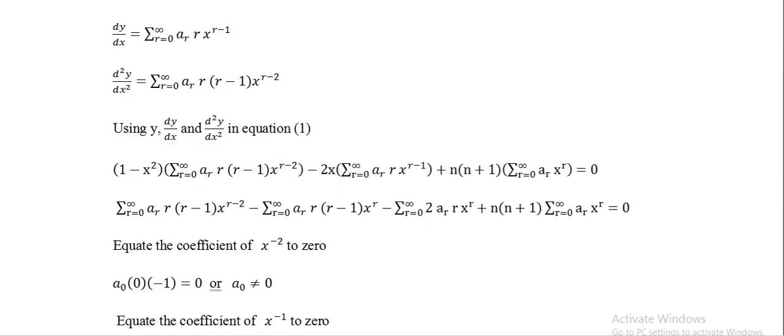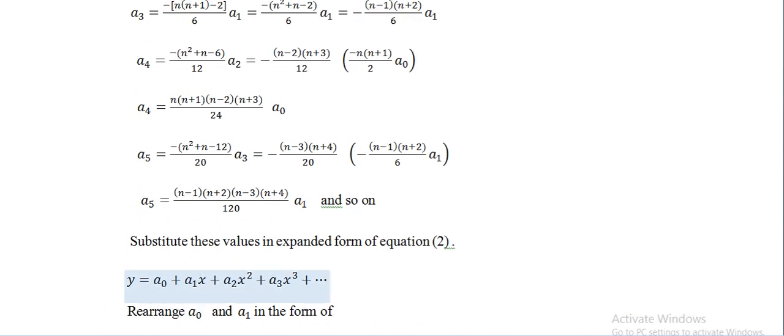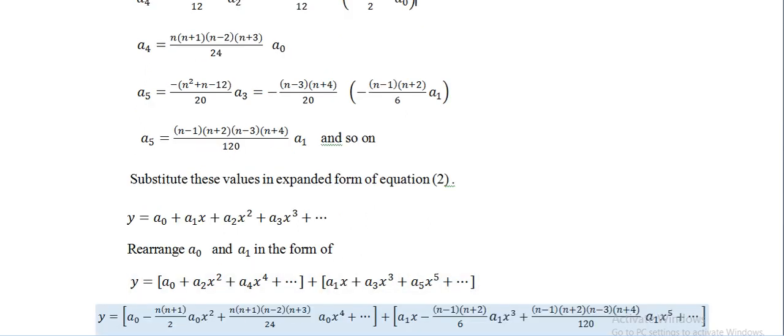So it becomes y equals a0 plus a1x plus a2x² plus a3x³ and so on. And we have to rearrange it in this form: a0 plus a2x² plus a4x⁴ plus a6x⁶ etc., and the second bracket becomes a1x plus a3x³ plus a5x⁵ plus a7x⁷.